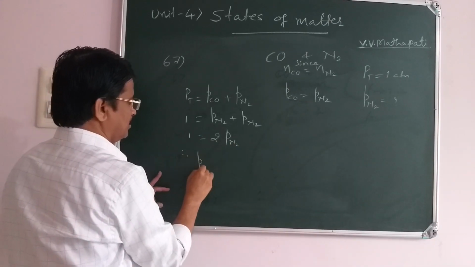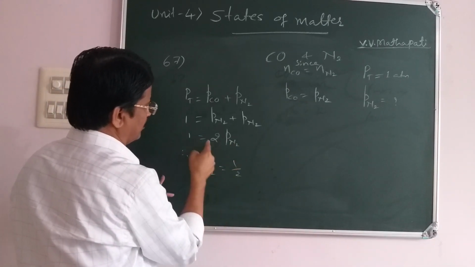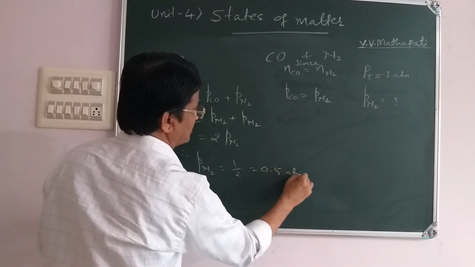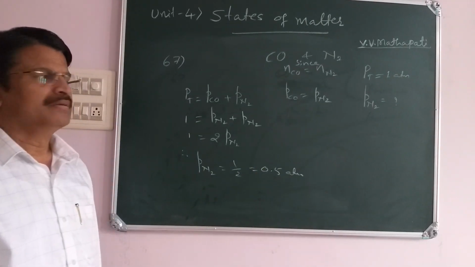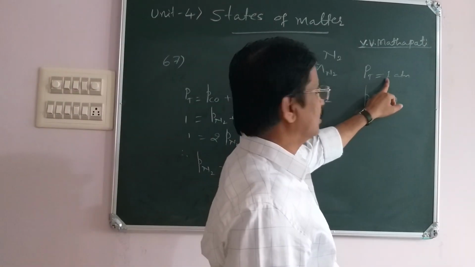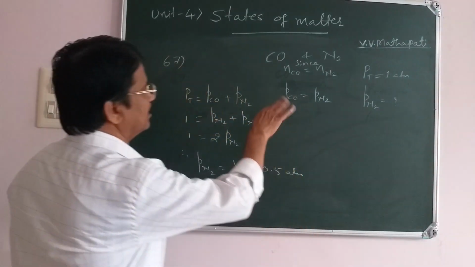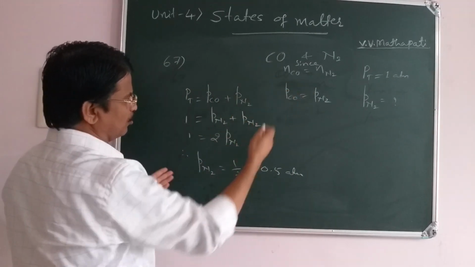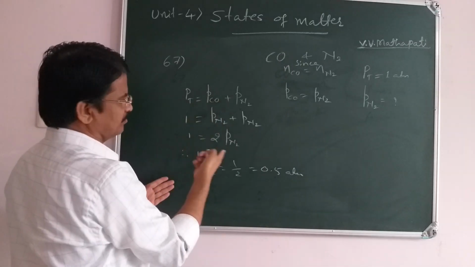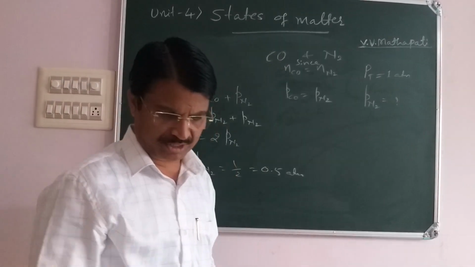Therefore, P of N2 equal to 1 by 2 equal to 0.5 atmospheres. Because of equal moles, we get 0.5 plus 0.5 equal to 1.